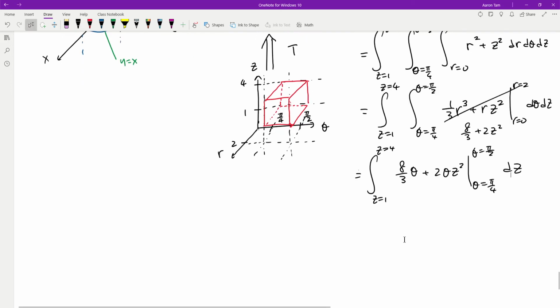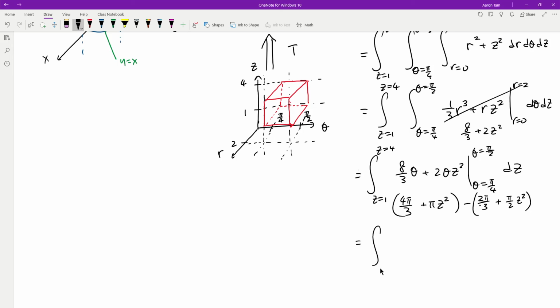Now when I plug in pi over 2 and pi over 4, I should have 8/3 times pi over 2, which becomes 4 pi over 3 plus pi z squared, minus, when I plug in pi over 4, it becomes 2 pi over 3 plus pi over 2 z squared.